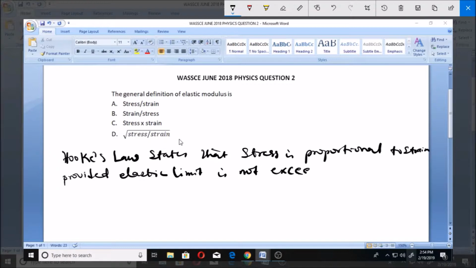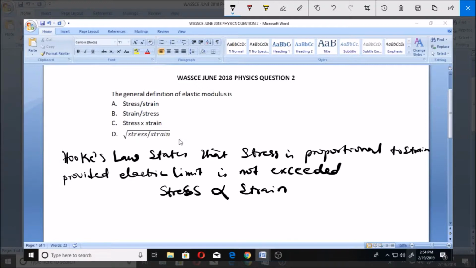That's the statement of Hooke's law. If you want to put it mathematically, you say stress is proportional to strain.